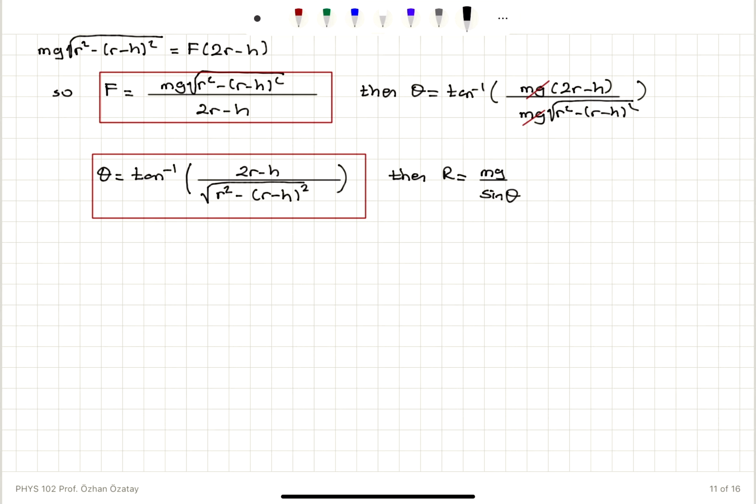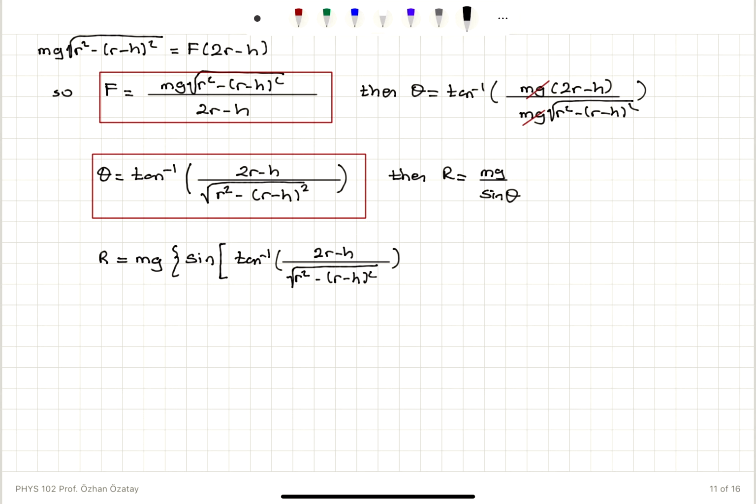And then I can substitute my result for theta, so that R magnitude is mg times sine of theta, which is tangent inverse of (2r minus h) over the square root of r squared minus (r minus h) squared.